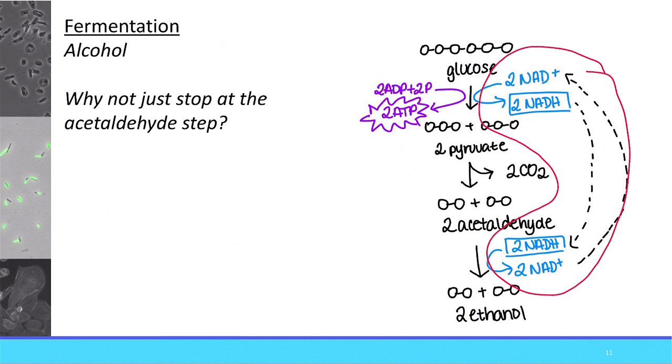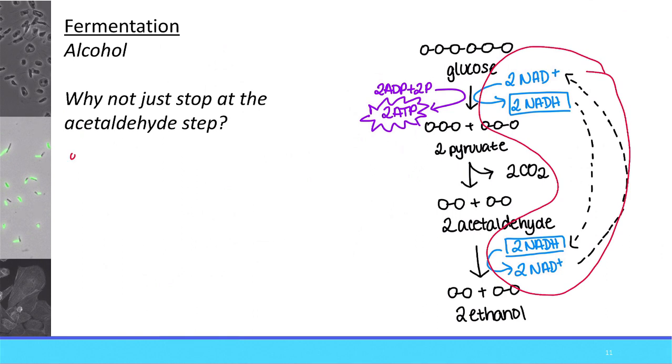In stage 2, we're oxidizing that NADH. Now, imagine what would happen if we stopped at acetaldehyde. The cell would only have NADH. So if we only have NADH, we never get back NAD+. So now if we have no NAD+, we can never do stage 1 because we have nothing to reduce.